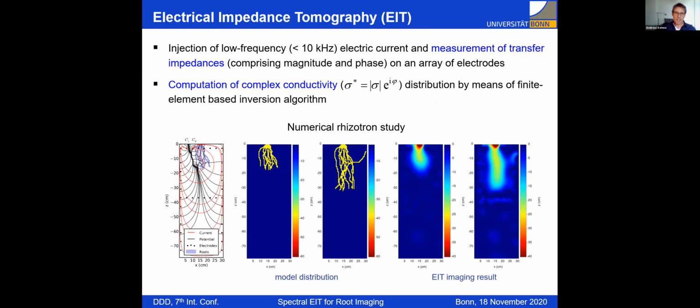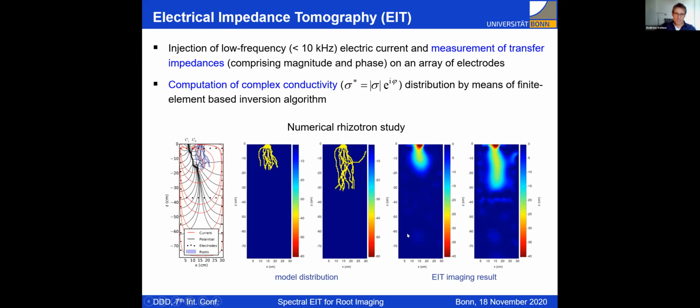To recall the principle, I go quickly through this. We inject current at some frequency. Nimrod already mentioned that. So we have some current lines here, for a numerical example of a rhizotron experiment, where some root growth is modeled in a very basic way.